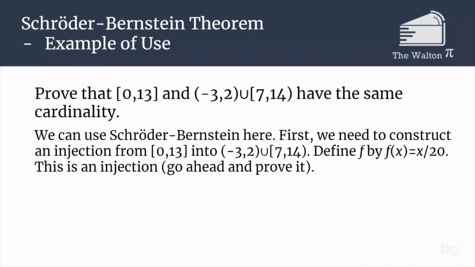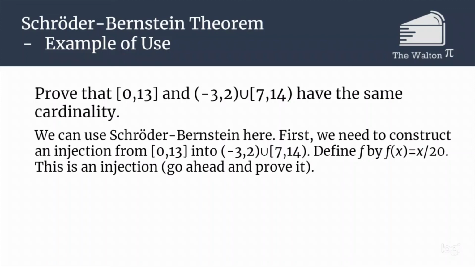If we define our function f by just dividing every value by 20, we are able to show that this is going to be an injection. And that tells us that the cardinality of the interval from 0 to 13 is less than or equal to the cardinality of our other set.